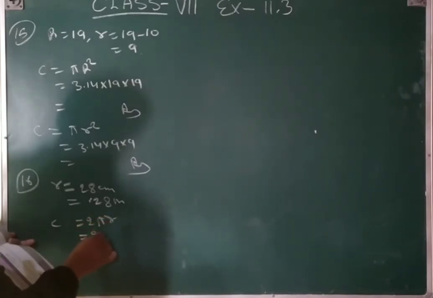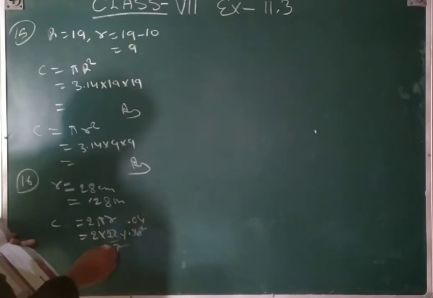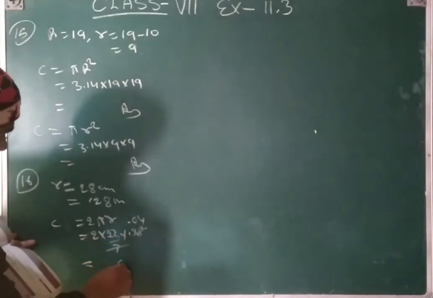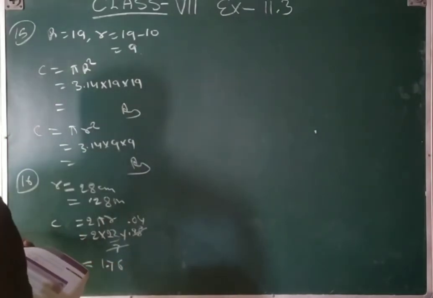So that is 2 into 22 upon 7 into decimal 28. So 7 4 ja 28, 4 2 ja 8, 8 2 ja 16, 8 2 ja 16, 1 17, 1 decimal, that will come here.